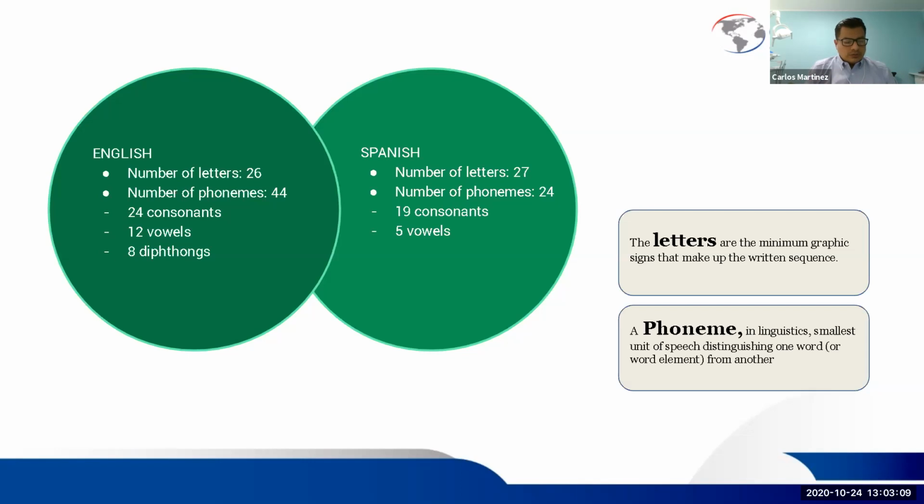And of course, we have 2 extra sounds, which are the ear and the schwa, which we mentioned in the last class. Remember that letters are the symbol, what you see, whereas the phoneme is the sound, the specific sound that a letter or a combination of letters produces.